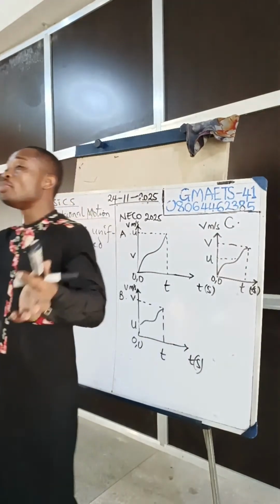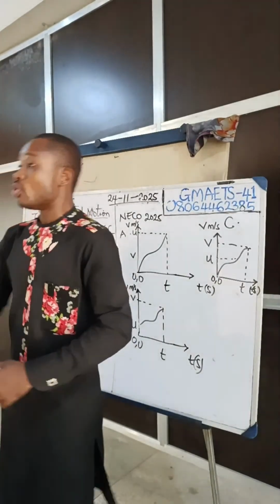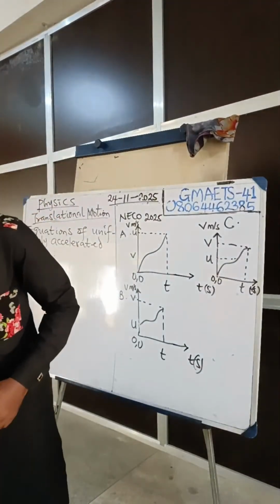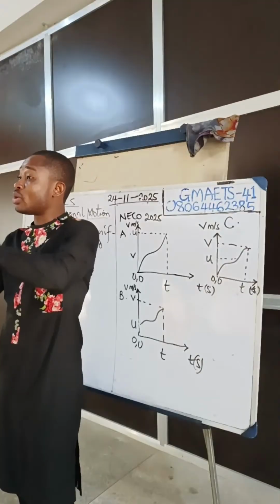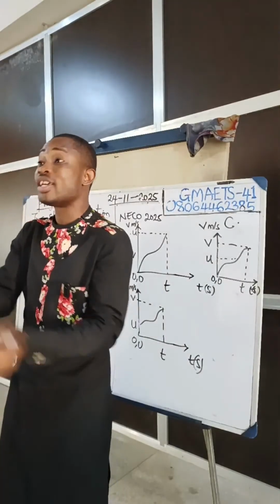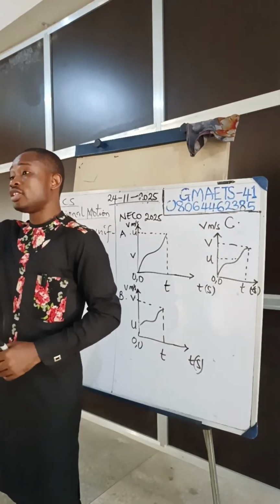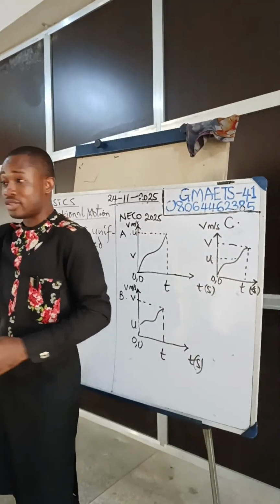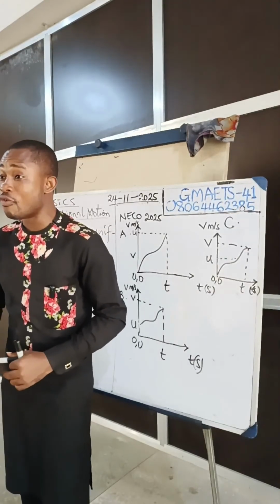So in this case, there will be nothing like average acceleration, instantaneous acceleration. We simply refer to it as acceleration. In 100 level, like I said, we usually differentiate between average acceleration and instantaneous. Average will be that which you do V2 minus V1 over T2 minus T1. And instantaneous is the one you do dV over dt.